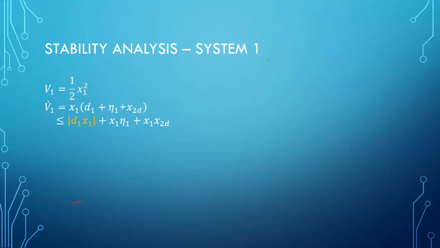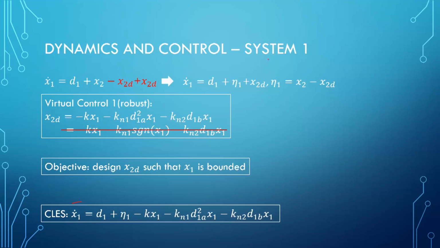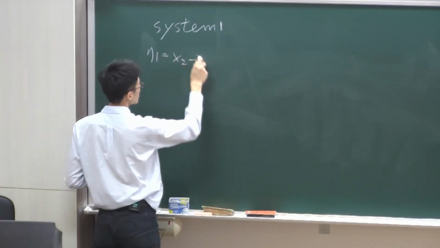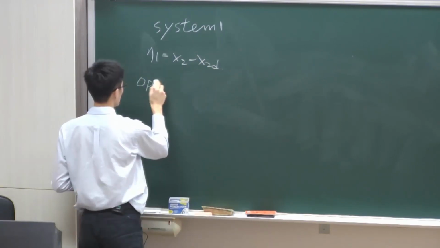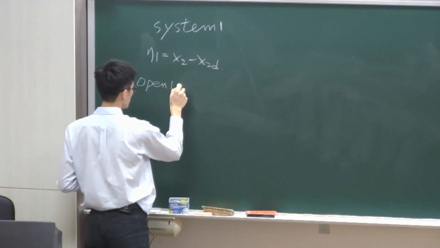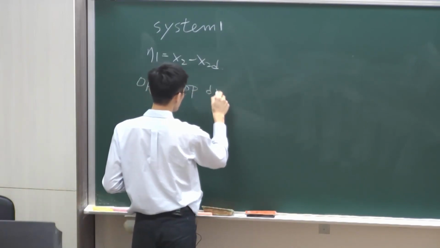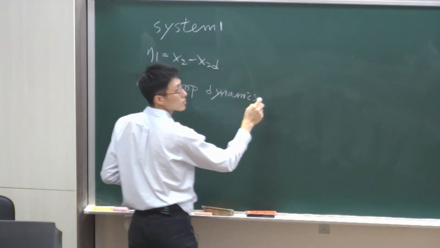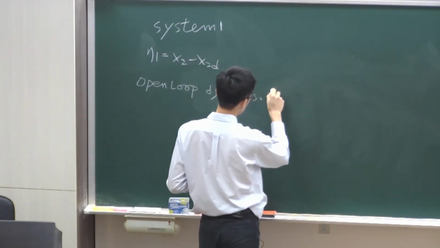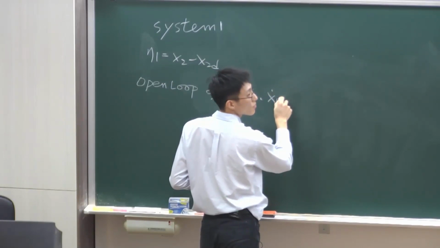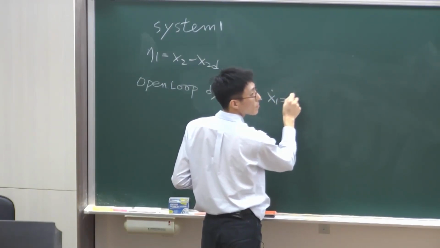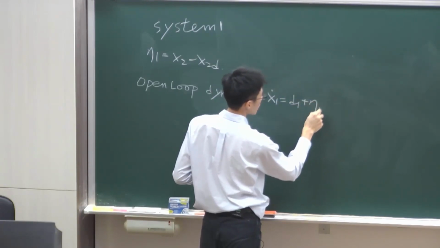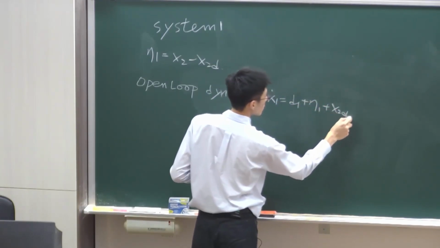So let's do it step by step. In here, eta 1 is the error signal. Eta 1 is x2 minus x2d. Your open loop dynamics is x1 dot equals D1 plus eta 1 plus x2d.